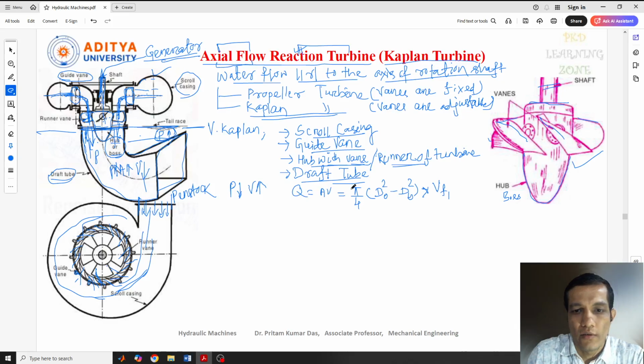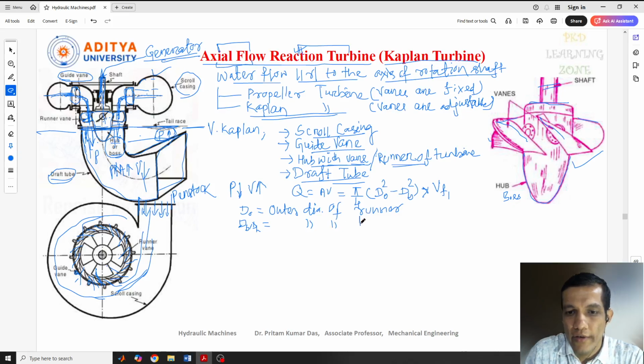Here Do is nothing but the outer diameter of the runner, and dB or dH, I told you that both can be taken, is the diameter of the hub or boss, whichever we have mentioned.